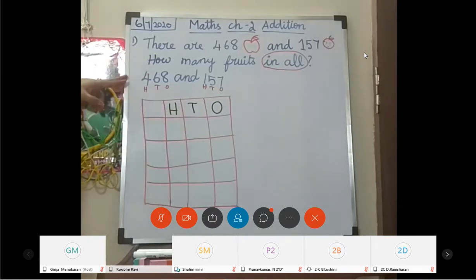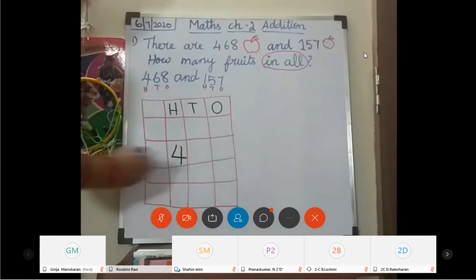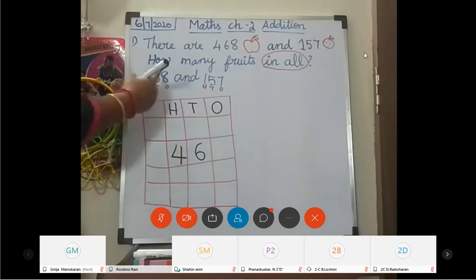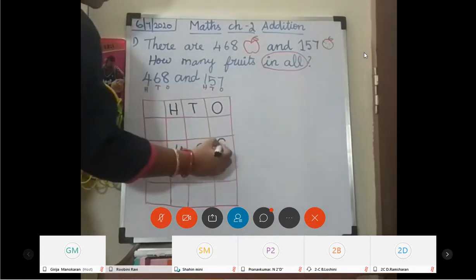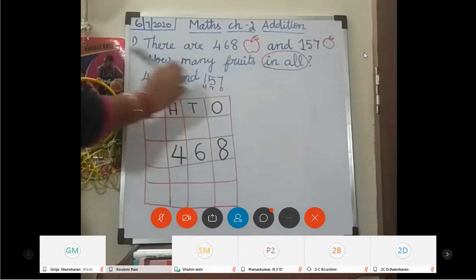See, 4 hundreds, 6 tens, 8 units. So 400, where does it have to go? Hundreds room. Shall we write here? Yes, 400. Then 6 tens, 8 ones.